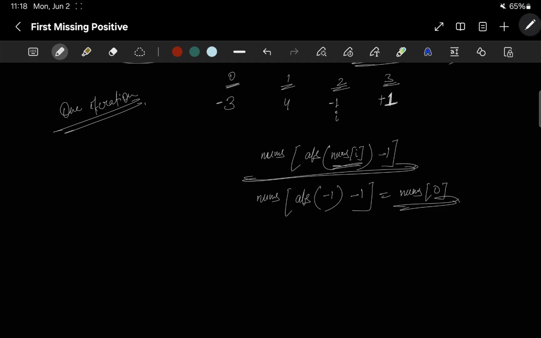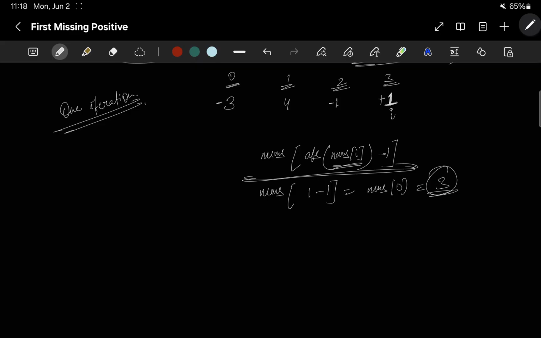Now if we do it again for this one, when I has reached this point, it will again try nums of absolute value of 1, which is 1, minus 1, which is again nums of 0, which is this 3, and if we try to make it negative again, it will be positive, right? But we do not want that.